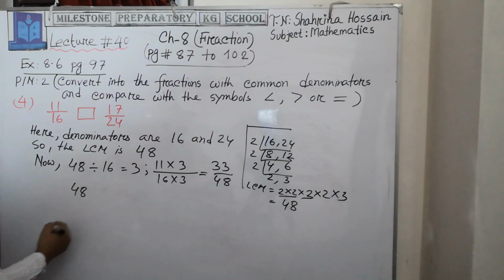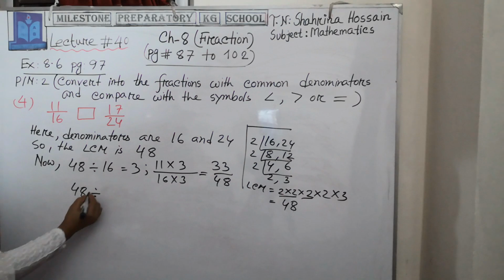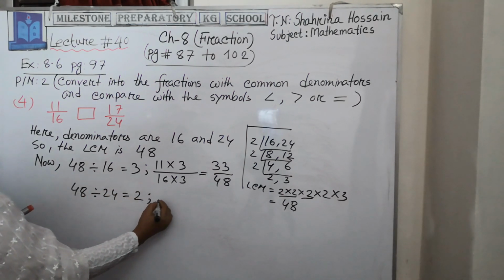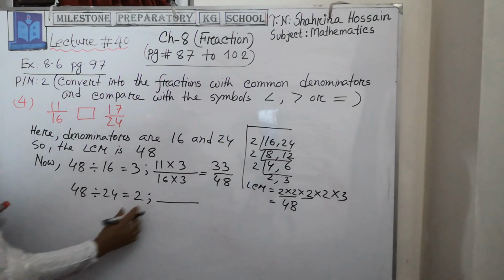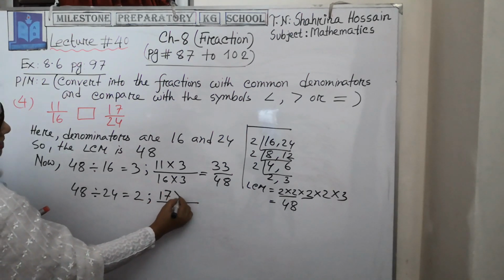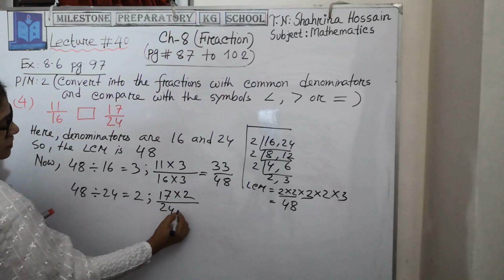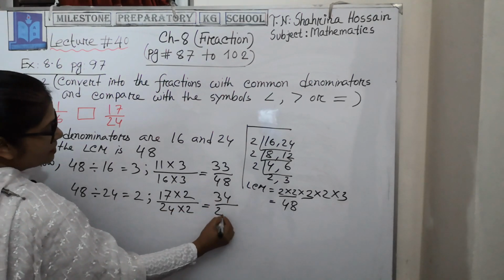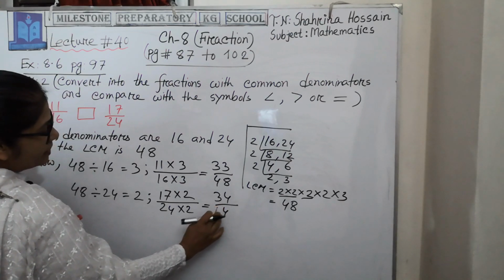Again we will divide 48 by 24. So the answer is 2. Now 17 multiplied by 2, then 24 multiplied by 2. That means 34, then 48.